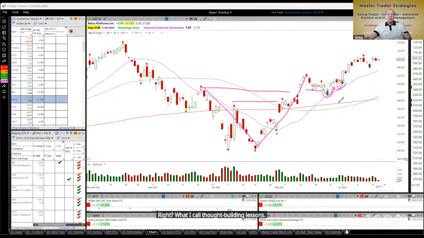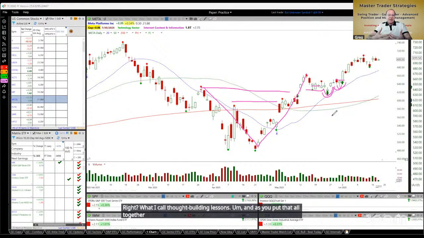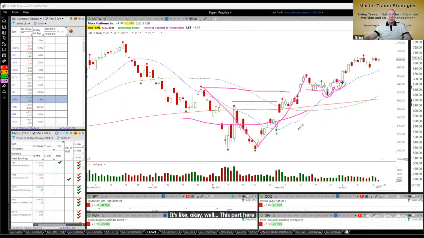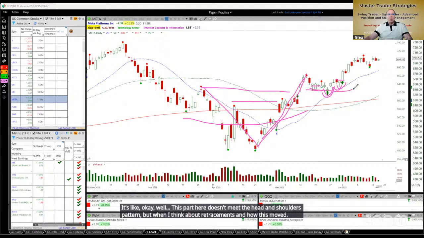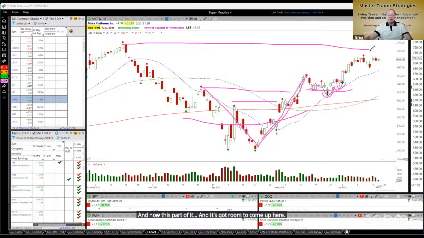And as you assimilate all that, it's like, okay, this part here doesn't meet the head and shoulders pattern, but when I think about retracements and how this moved, and now this part of it, and it's got room to come up here, that provides me with enough information to believe something.